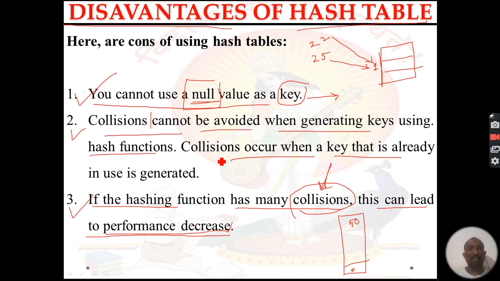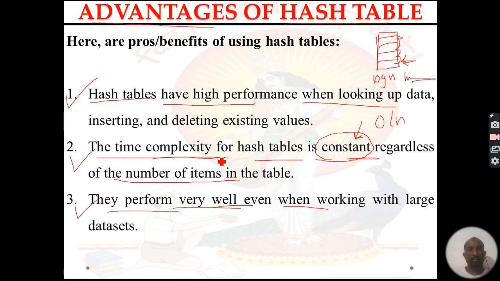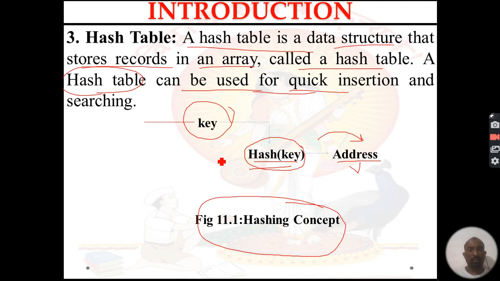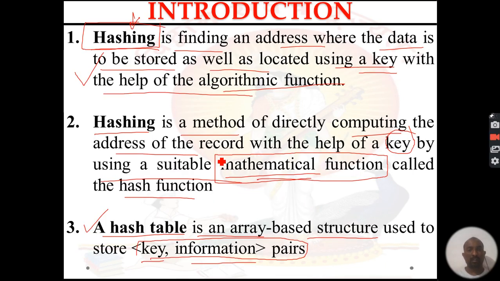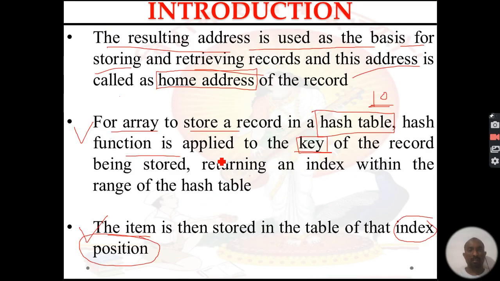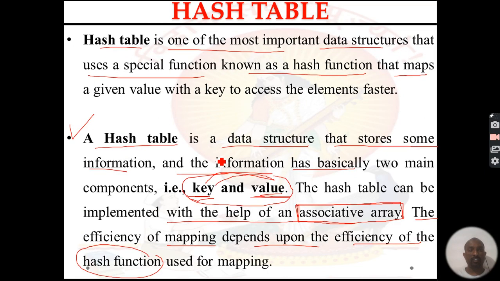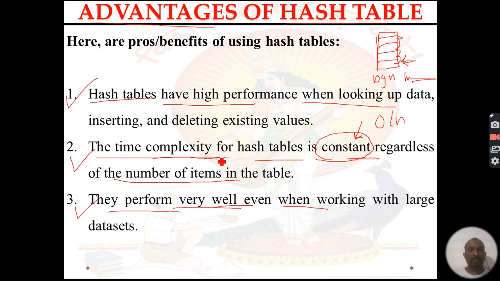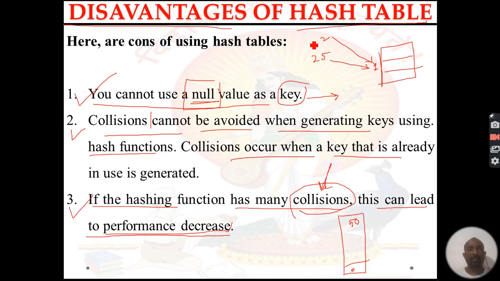So these are the disadvantages of hash table. Students, we have seen the introduction, what is hashing, what is a hash table, what is a hash function, then what is an associative array. We have seen the advantages and disadvantages of hash table.